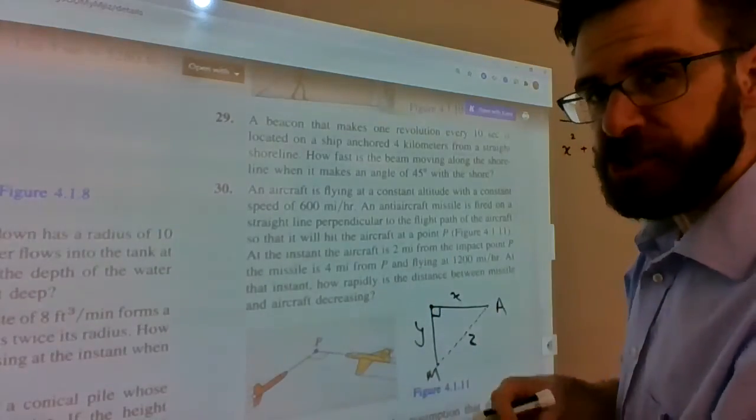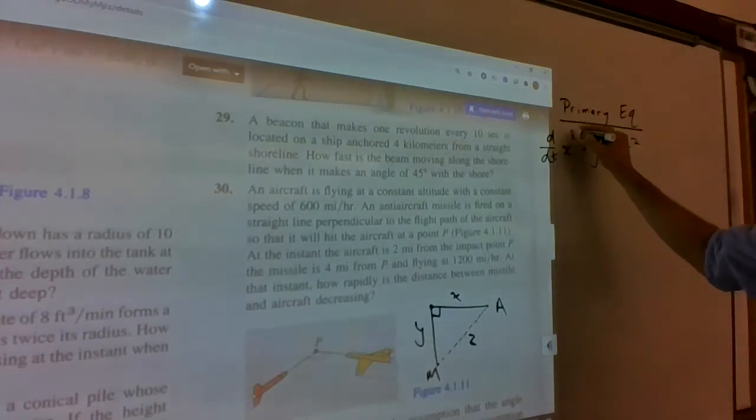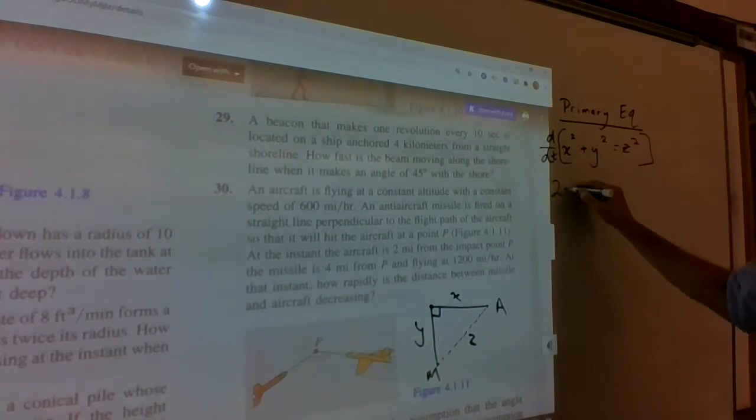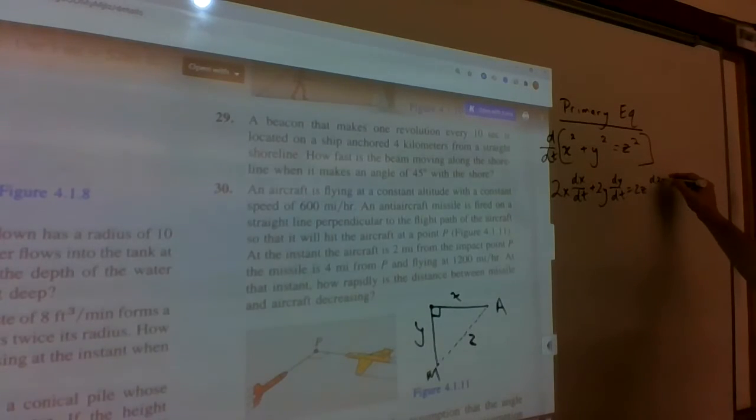So instead of a squared plus b squared equals c squared, x squared plus y squared equals z squared. None of these are fixed except the point. So x is changing, y is changing, and z is changing.